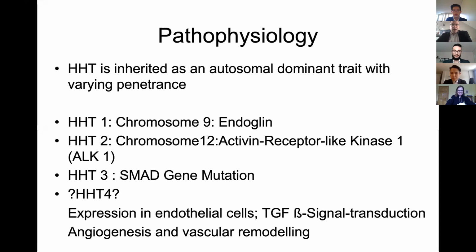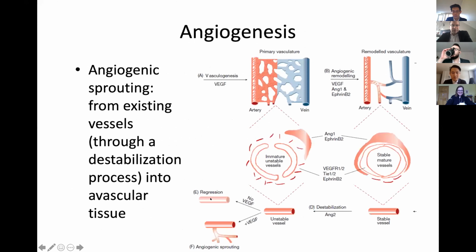In order to understand HHT, we'll have to understand a little bit the pathophysiology of those genes that are defective in HHT. The major point that I want to put down here is that the genes that are defective in HHT are important for angiogenesis, which means the birth or the formation of blood vessels and vascular remodeling. What is angiogenesis?